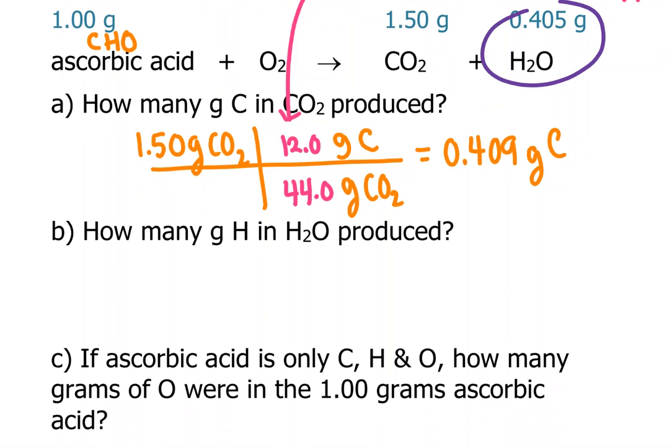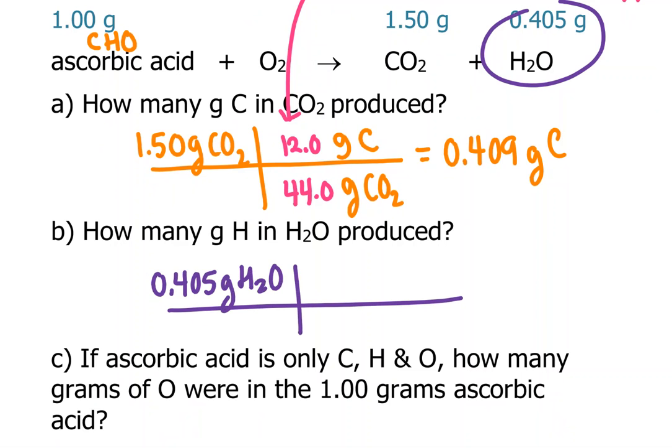This time we're using the water. And we want to know what mass of hydrogen came from the ascorbic acid. So what I do is I put grams of water here. And again, I'm using the molar mass. The molar mass of H2O is 2 times 1 for the hydrogen plus 16 for the oxygen. So the total is 18.